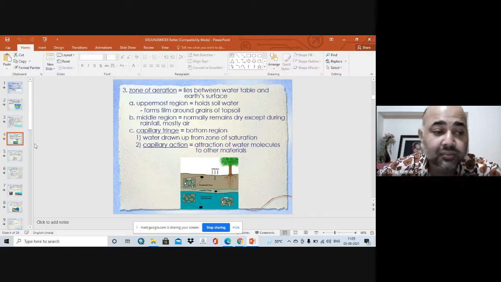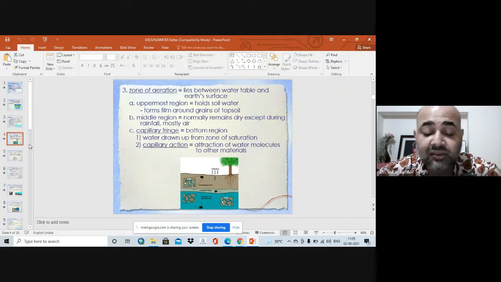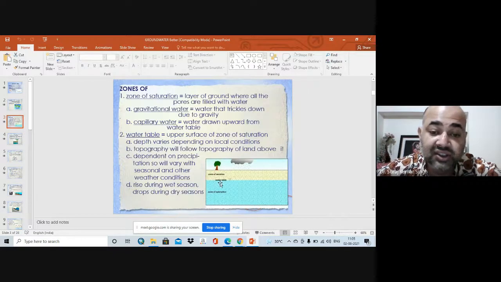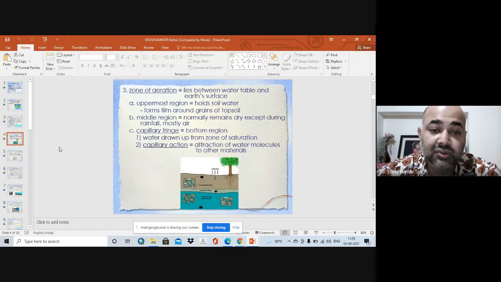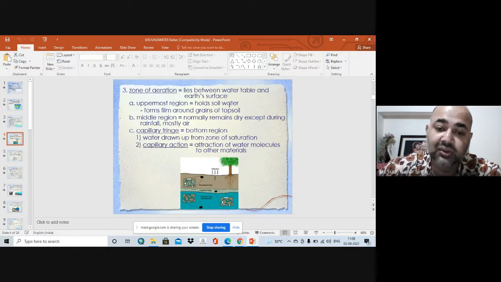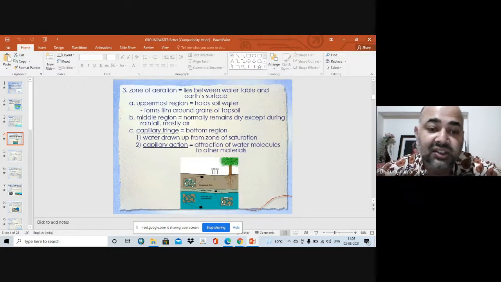Then the other layer above the zone of saturation is the zone of aeration. You can see this zone of aeration. So what does zone of aeration mean? It lies between the water table and the earth surface. It means on the top surface and below the ground, above the zone of saturation, there is a zone denoted by the zone of aeration.